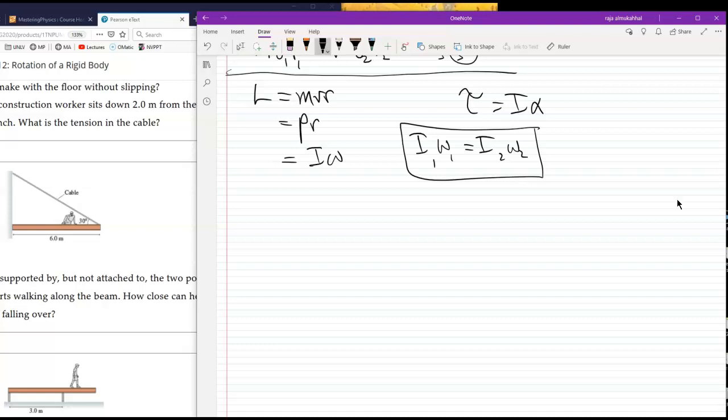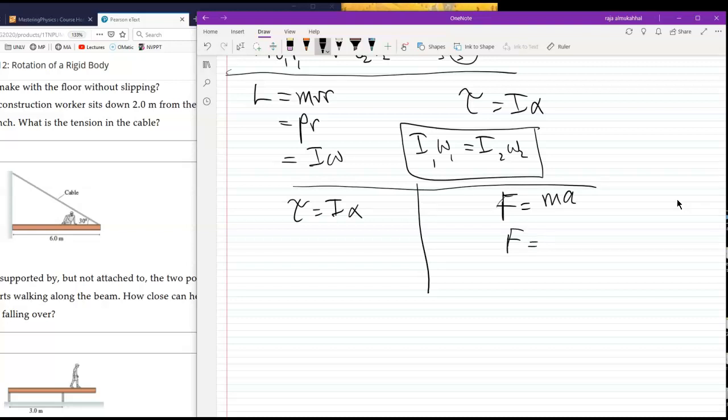Remember, we said that the force is equal to MA, and here the torque is equal to I alpha, right? I mean, these are translational, and the comparison between them. We also know that the force is equal to dp/dt. Did you know that?